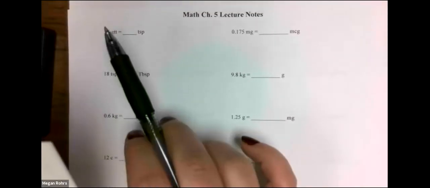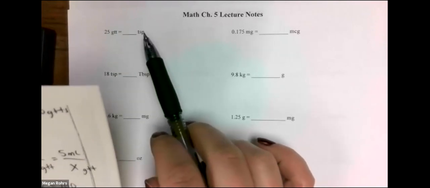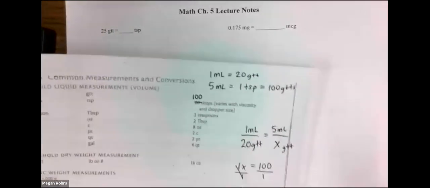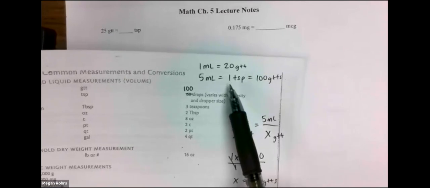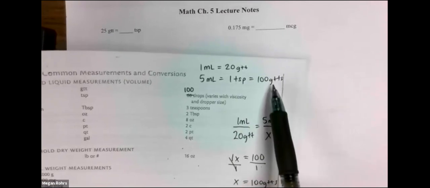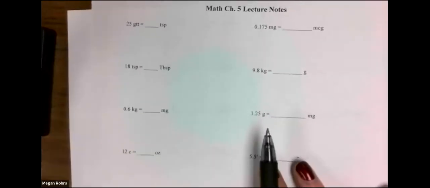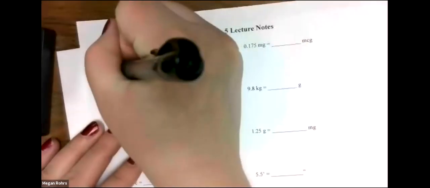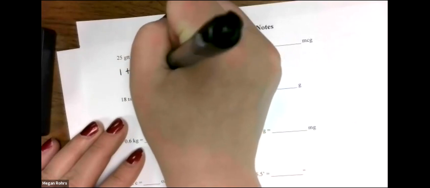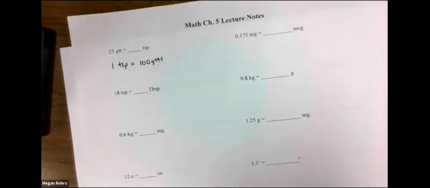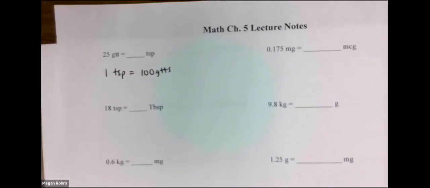Okay, so now we can get into this first question here. So 25 drops equals how many teaspoons? Well, we just solved that 1 teaspoon is 100 drops. So we know that. So now I can set up another ratio and proportion.